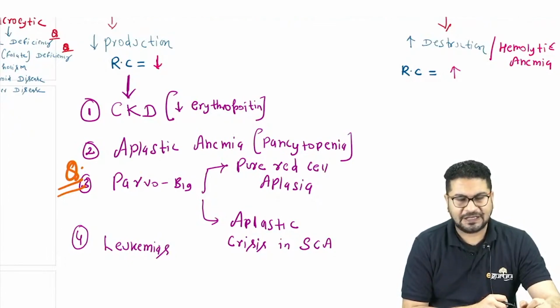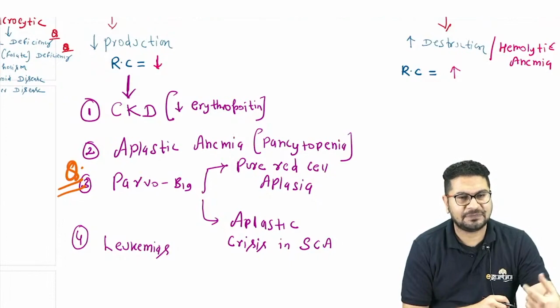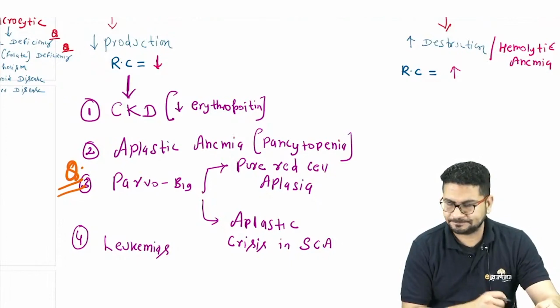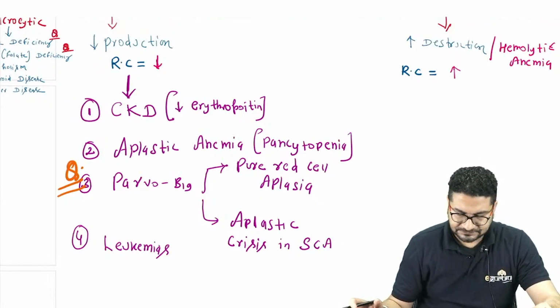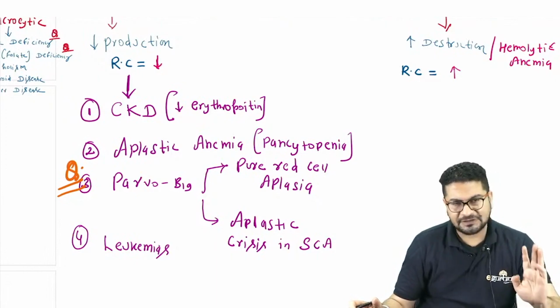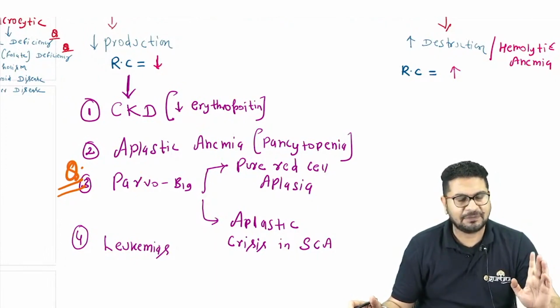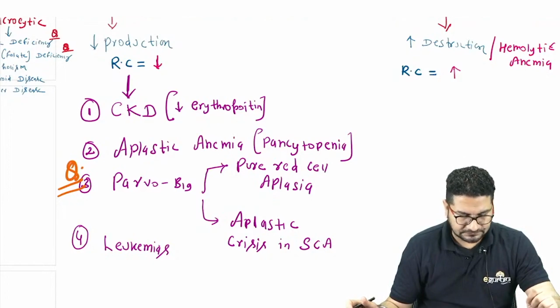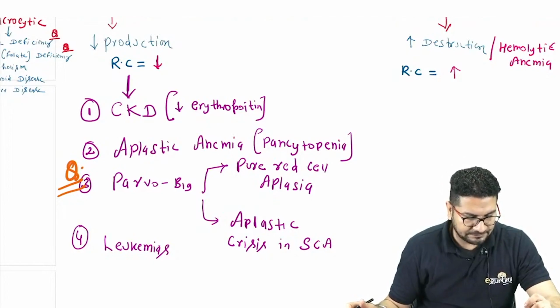So there are 4 causes of decreased production: CKD, aplastic anemia, parvovirus B19, leukemias. You don't have to remember leukemia, you have to remember these 3: CKD, aplastic anemia, parvovirus B19. Any doubt to anyone?